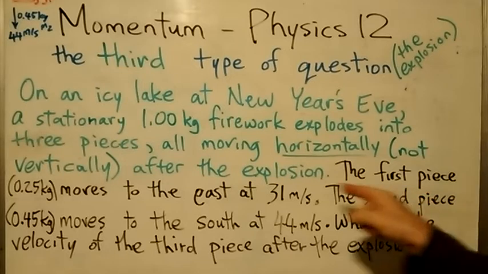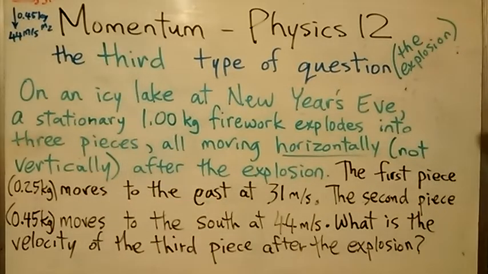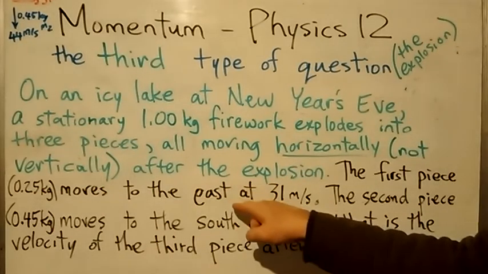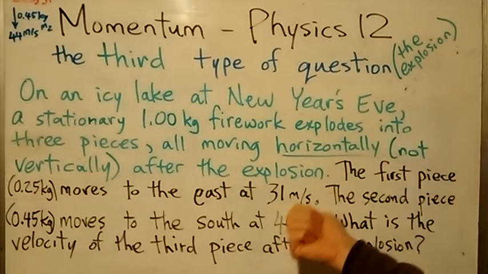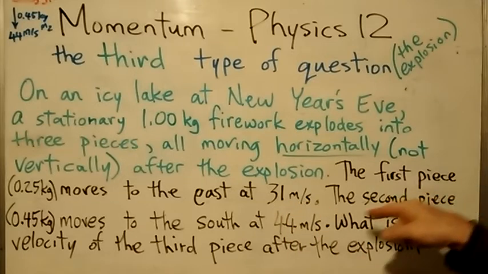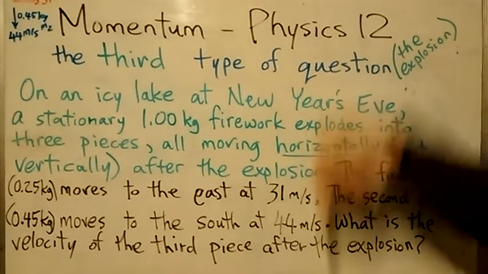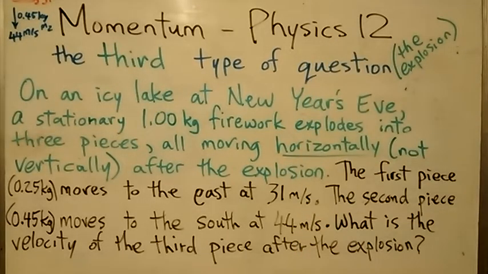The first piece, the mass M1, is 0.25 kilograms, moves to the east at 31 meters per second. The second piece, M2, which is 0.45 kilograms, moves to the south at 44 meters per second. What's the velocity of the third piece after the explosion? That's the question.